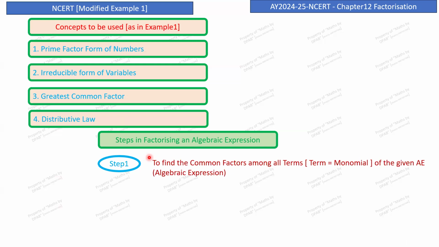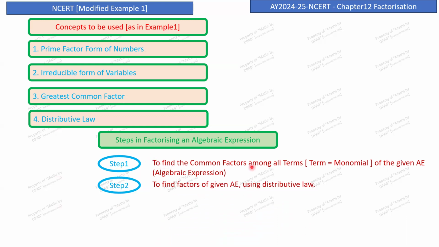In example one, we had two terms: term one is a monomial, term two is a monomial, but when they are put together as a new algebraic expression, that is called a binomial. There are two terms. If it has three terms, then that three-termed algebraic expression is called a trinomial. The second step is we need to find the factors of the entire algebraic expression.